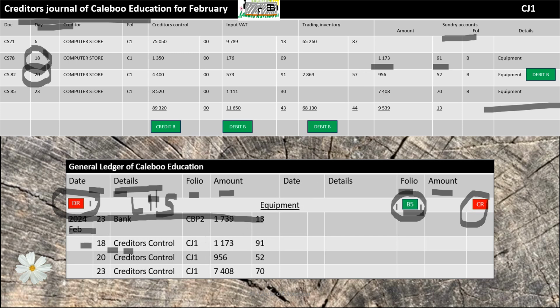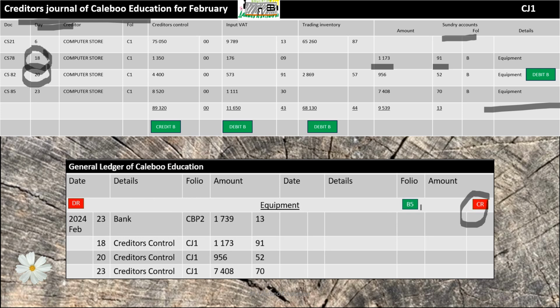Now, when we purchased equipment on credit, the value of our equipment in our books increased. What category is equipment? Equipment fits the definition of an asset. When the value of our asset increases, we debit the account.